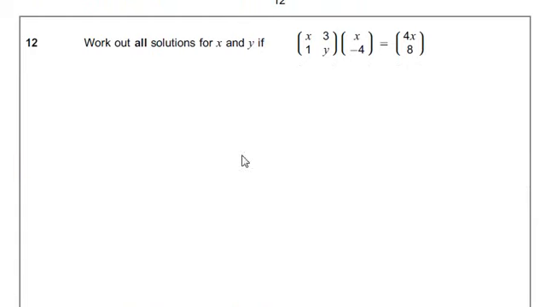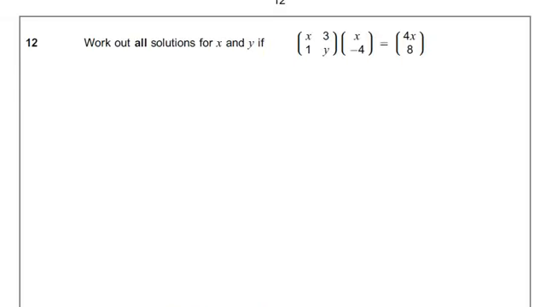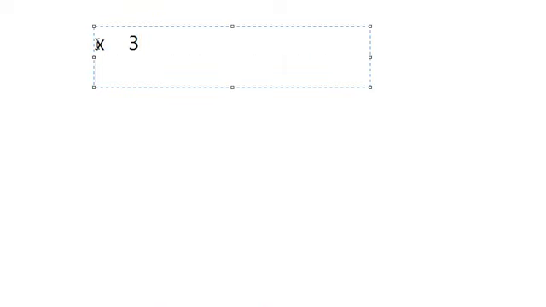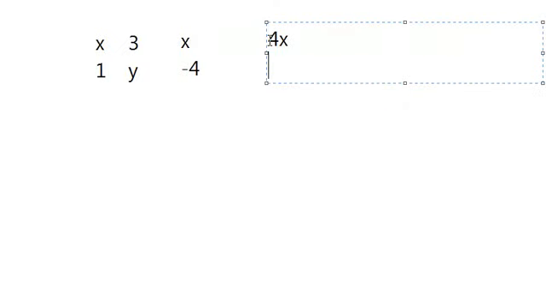And now it's a matrices question. Joy. I sure hate doing matrices on a laptop or a computer, whatever. So now it's x 3 1 y, x 3 1 y, then it's x minus 4, not minus 1, minus 4, answer is 4x and 8, I think.